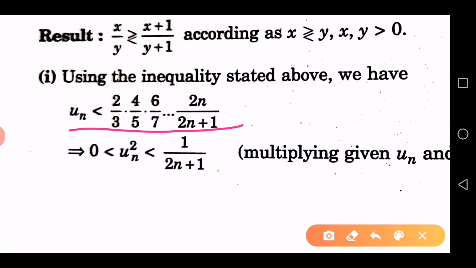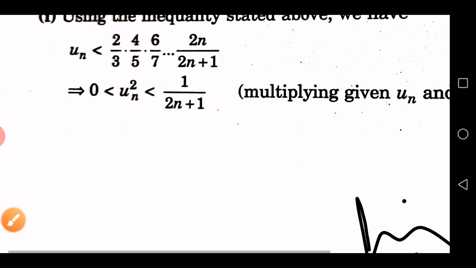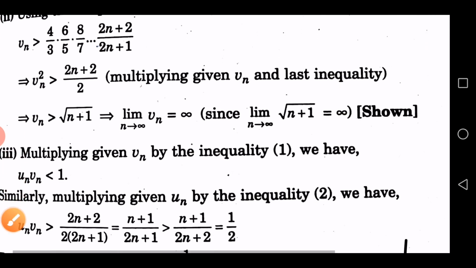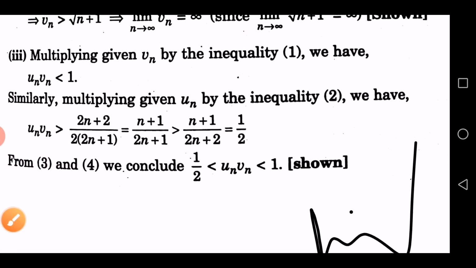So the given Vn and obtained un, if we multiply these two relations, we will get un into Vn is less than 1.